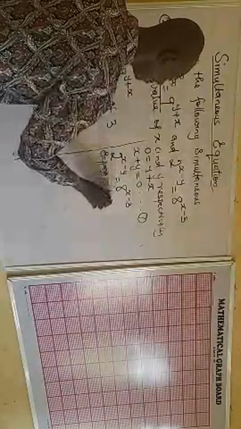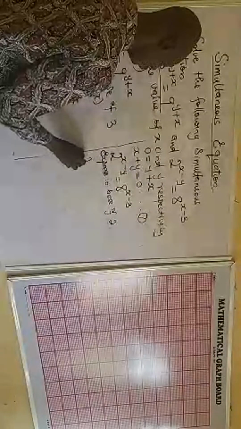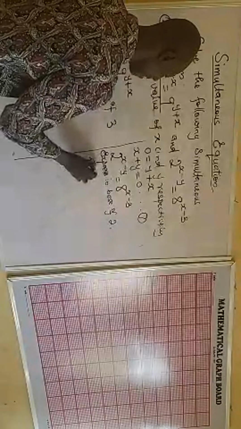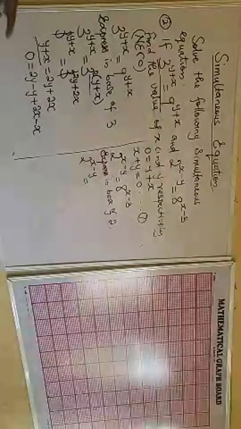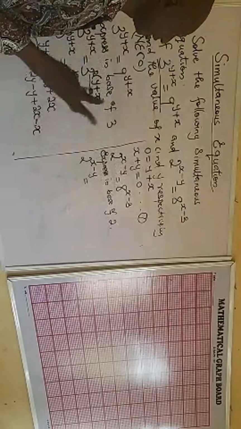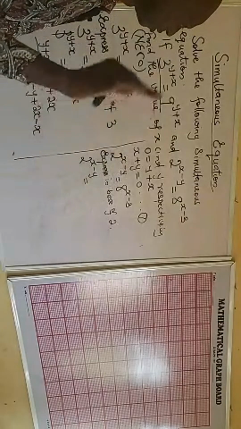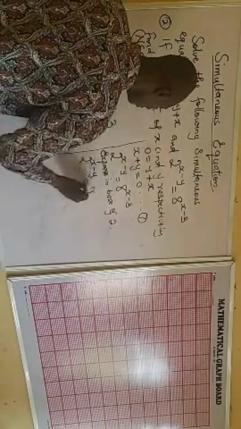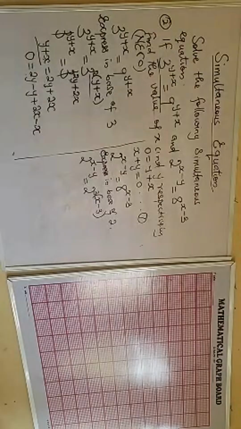So here means 2 raised to power x minus y. How many times can you multiply 2 that will give us 8? It is 2 times 2 times 2, 3 times, which is 2 raised to power 3 bracket x minus 3. Let us clear the bracket.